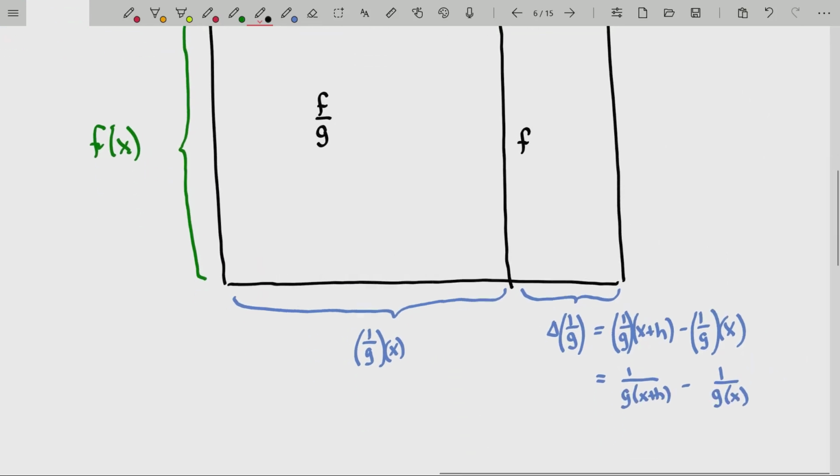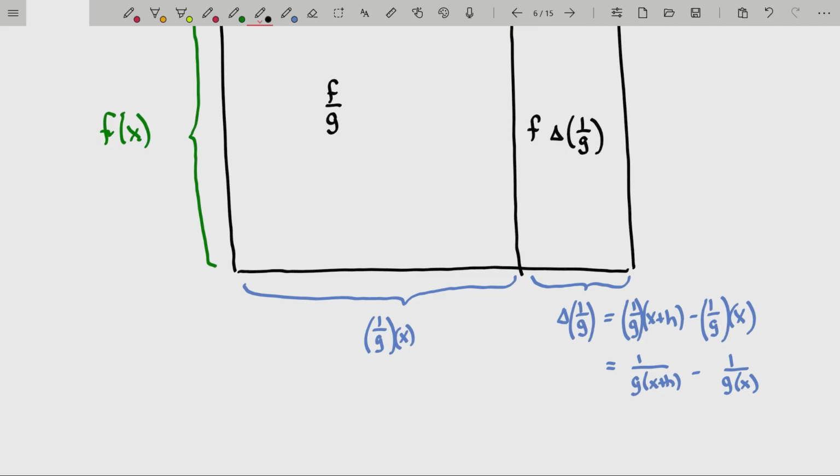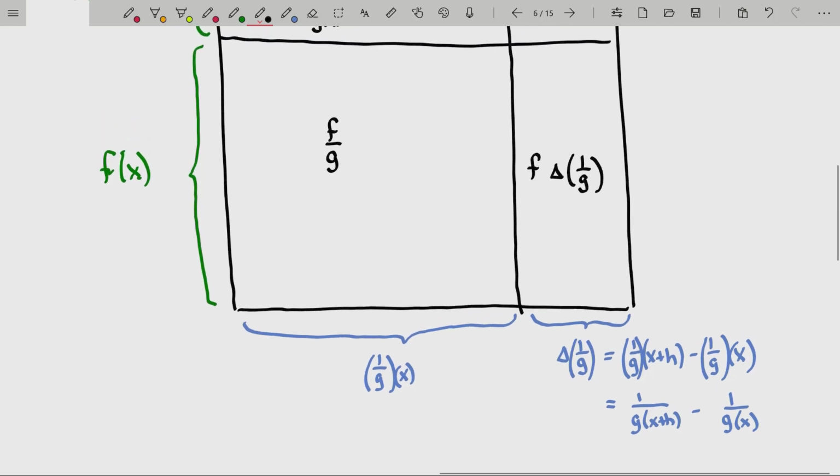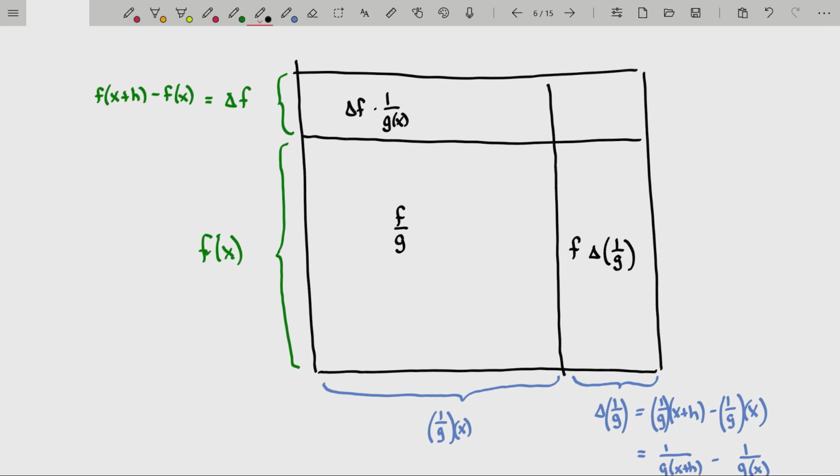Its width is change in 1 over g, and we already know what that is. I just don't have the room to write it there, so I wrote it this way for now. And finally, in the upper right-hand square, I have a change in f as its height and a change in 1 over g as its width. There we go. I think that's pretty good.